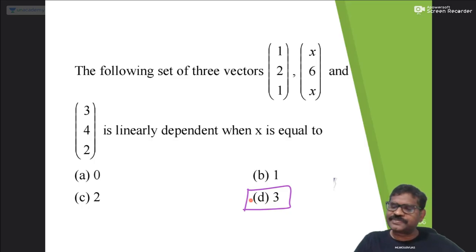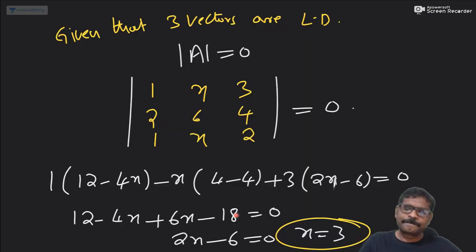This is the question. If the vectors are dependent, what is the value of x? I have equated determinant to 0. Understood? Raju, if it came in independent, then the determinant would be non-zero.